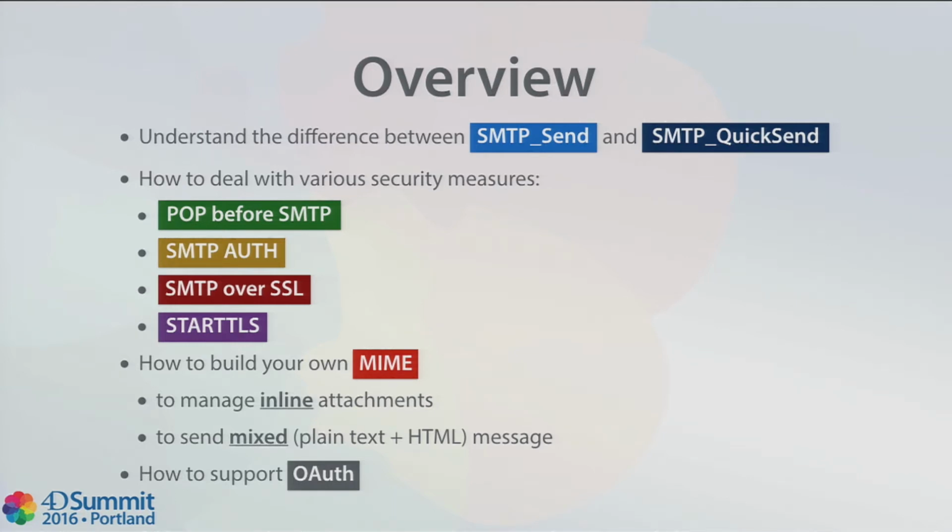And in the 4th and final section, I'll be talking about OAuth, which is an open specification, and specifically in relation to how you could use this to send emails through Gmail.